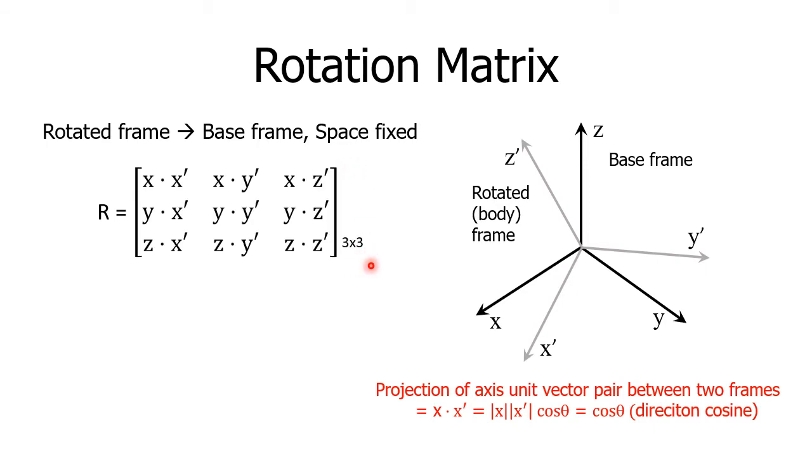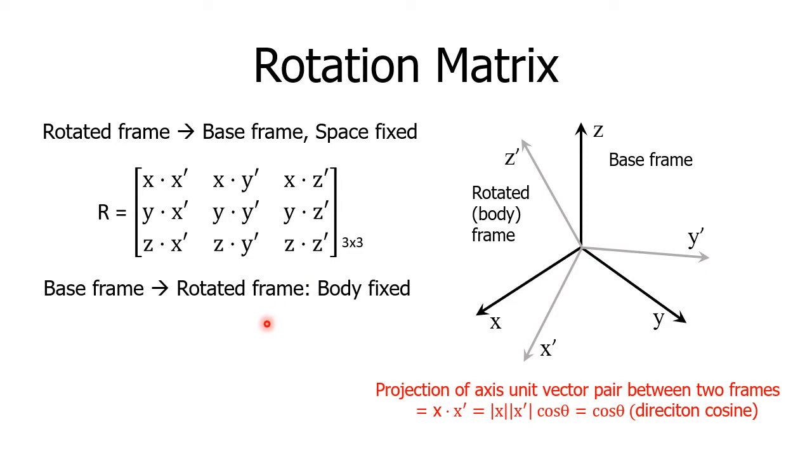Rotation matrix is 3 by 3, indicating the projection of 3 unit vectors, X prime, Y prime, Z prime, onto another 3 unit vectors, X, Y, and Z. So in rotation matrix, the first column is the projection of X prime onto X, Y, Z. The second column is the projection of the Y prime onto X, Y, Z. Third column is the projection of Z prime onto X, Y, Z.